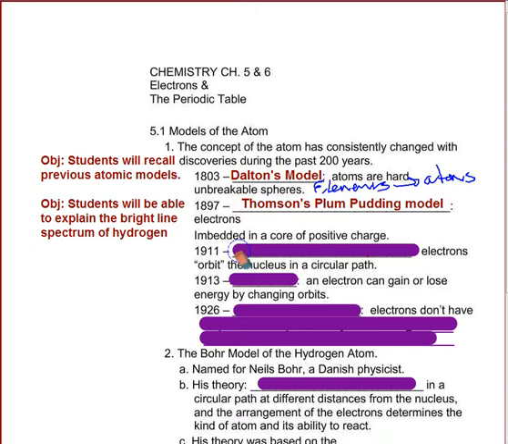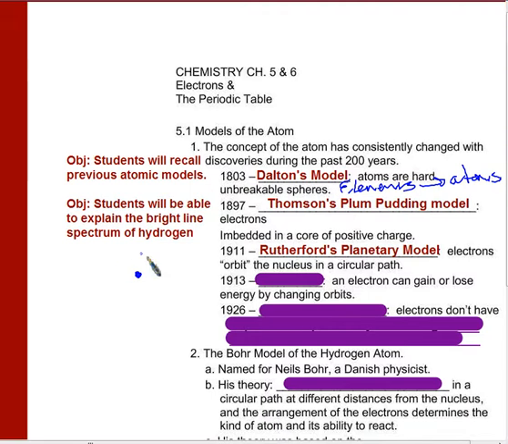Now, in 1911, Ernest Rutherford came up with his planetary model. With his planetary model, he thought that there was a dense, hard center nucleus, and around the nucleus, electrons orbited in a circular path. So you would have an atom here, and then around it, the electron would be traveling in a circle.